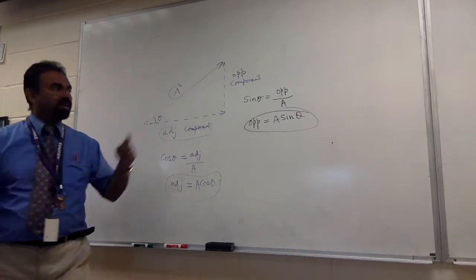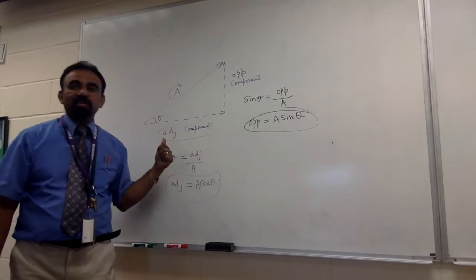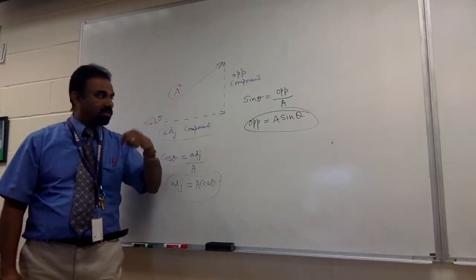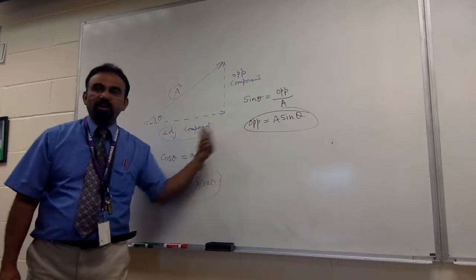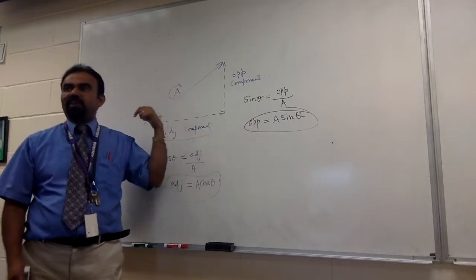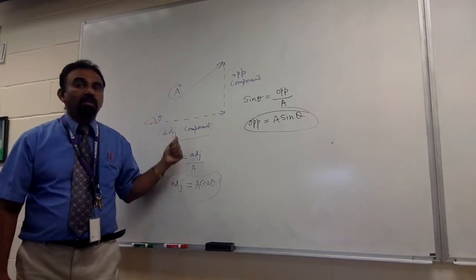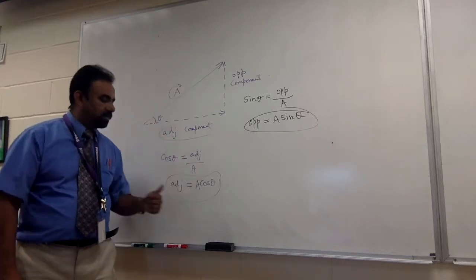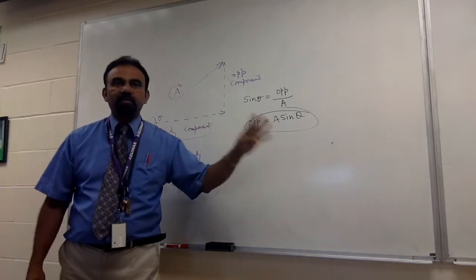So if you're looking to find the opposite side, just take the vector and take the sine of the angle. If you're trying to get the adjacent side, take that vector and take cosine. So it's an easy way of doing it instead of always going and finding out which trigonometric ratio and all those things. Not necessary. Are you looking to get the adjacent side? A cosine theta. Are you looking to find out the opposite side? A sine theta. You get it?